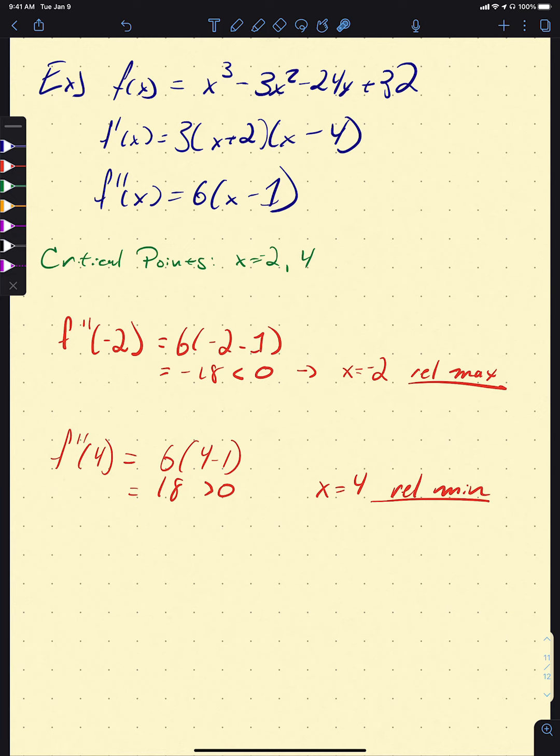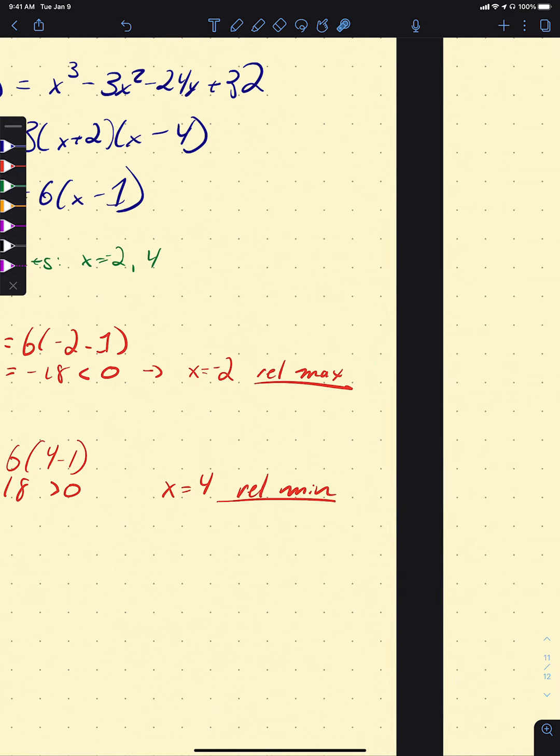It's just that sometimes it doesn't work, and when it doesn't work, we can always fall back on the first derivative test. The first derivative test will always give us a conclusion, but the second derivative test is a little bit simpler to run, okay? You only need to plug in one point. You do need to take an extra derivative, right? They're the kind of thing where each works well in different cases.